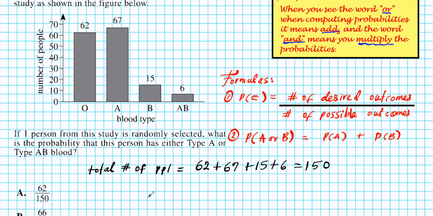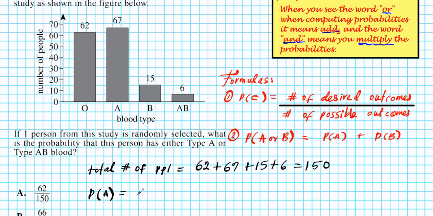Now let's go ahead and calculate the probability. The probability that a randomly selected person out of 150 has a blood type A. What is that probability?